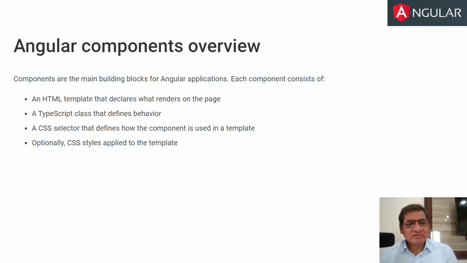Optionally, CSS styles apply to the template. The component, its TypeScript class, would play a major role in the Angular framework. This component TypeScript class helps us to provide the input that we are going to populate on HTML.